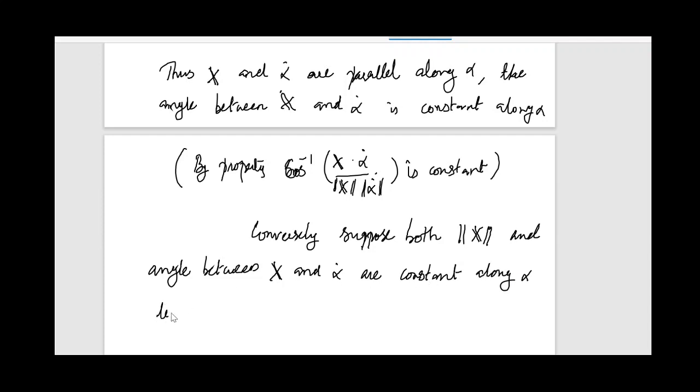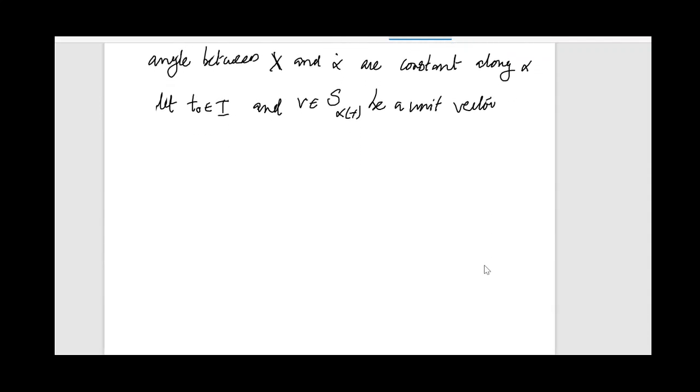Let t naught belong to I and let V belong to S of alpha of t naught be a unit vector orthogonal to alpha dot of t naught.